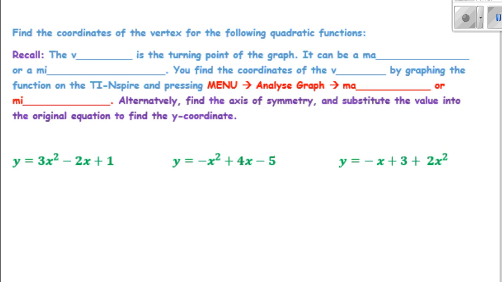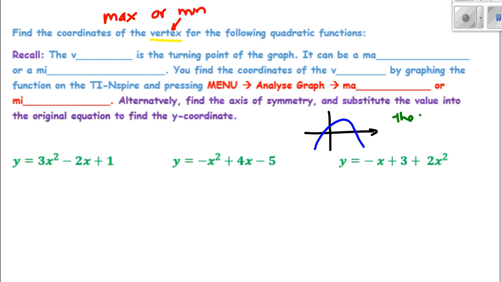So the vertex is like the maximum or the minimum. The vertex is like the turning point. So if you want to do a little sketch of a vertex, so you can look back and not forget what it is, this is the vertex.